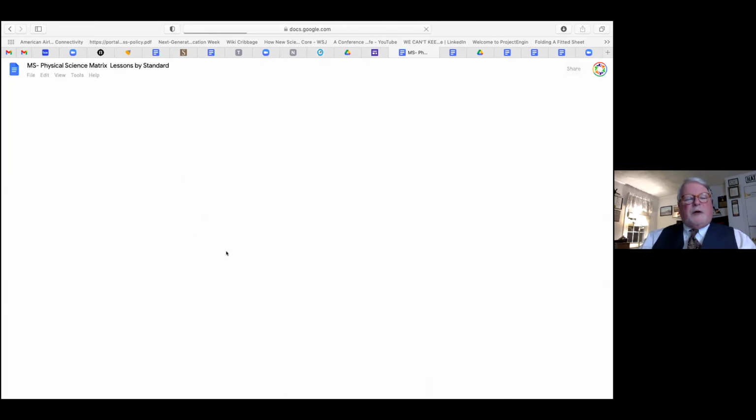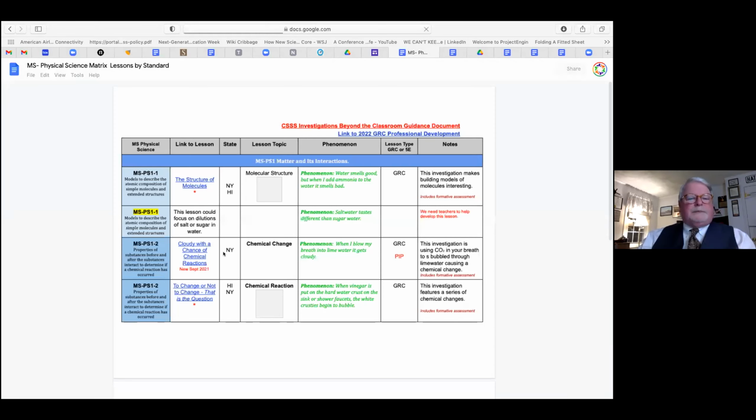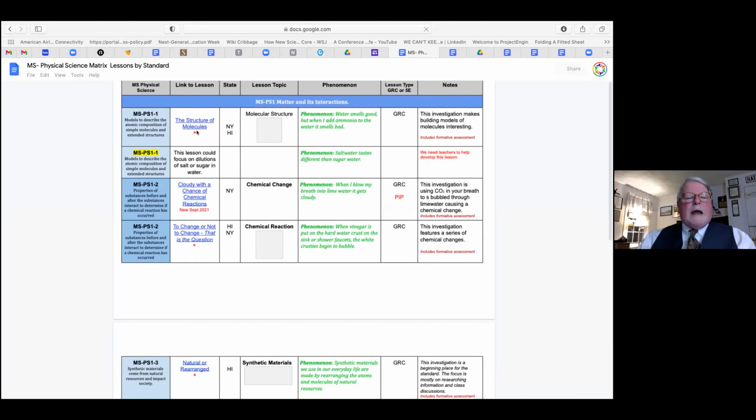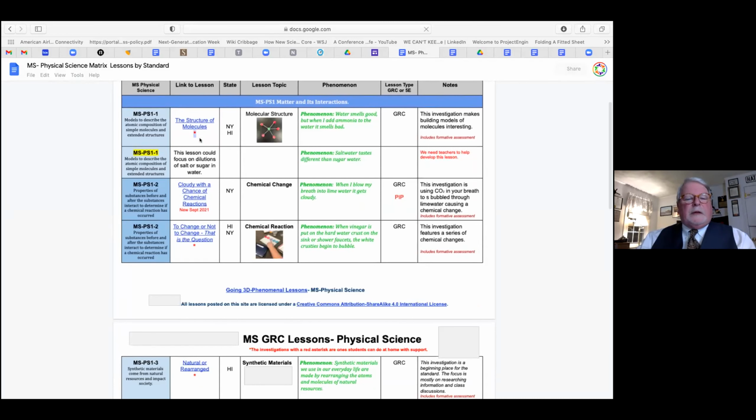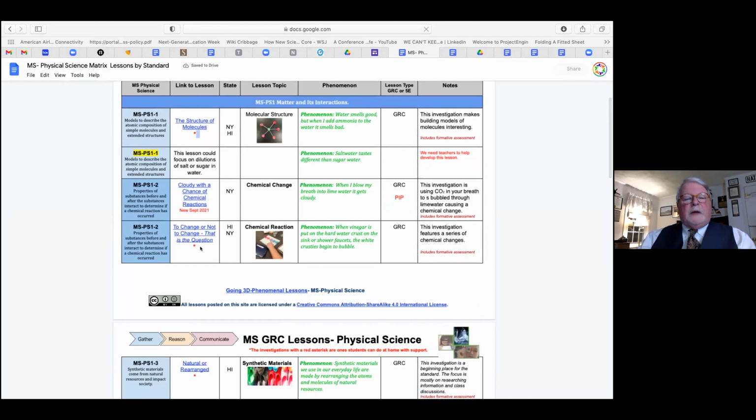When you explore these lessons, anytime you see a red asterisk, you see this red asterisk here and another one here, that means that it can be done with materials that can be commonly found at home, or no materials whatsoever. So this is a great resource if you ever have to do any type of remote learning with your students. I apologize.